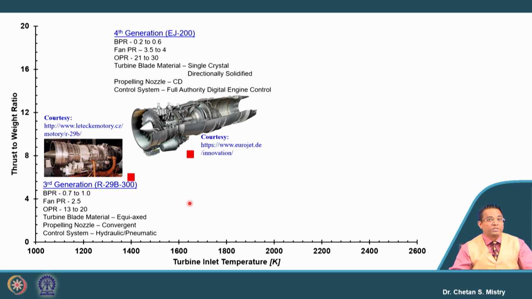The nozzle is convergent-divergent, and the control system has changed to full authority digital engine control. So we can say that over the years, the advancements going on in military engines are what we define in terms of generations of aircraft. Here the thrust to weight ratio is in the range of 8 or 8.5.